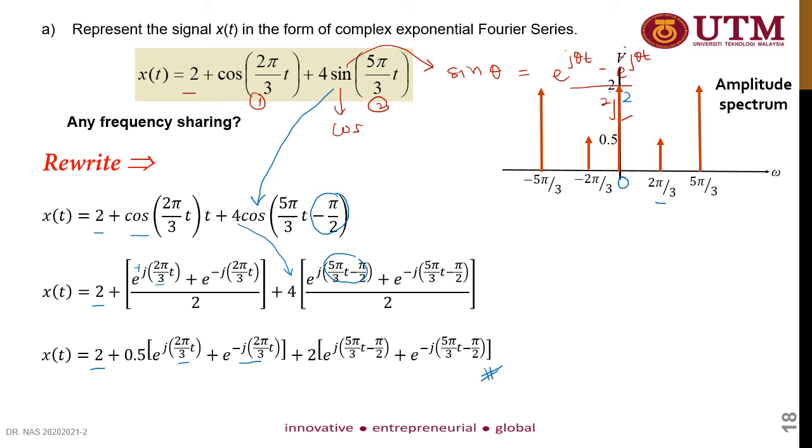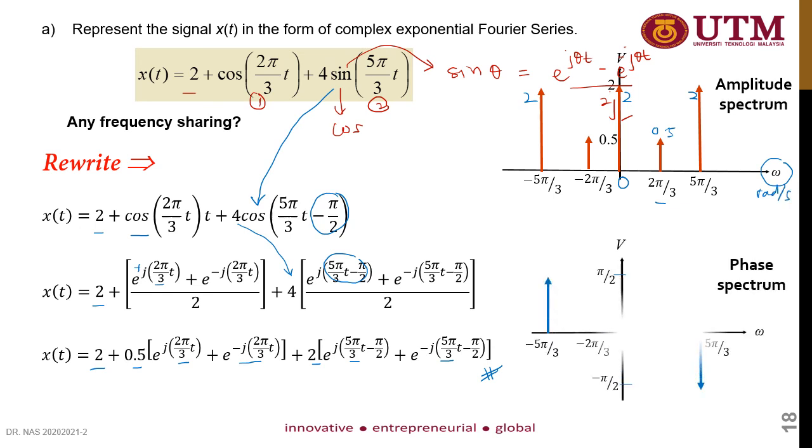The magnitude both is 0.5. And then at 5 pi over 3, the third frequency, and negative 5 pi over 3, the amplitude is 2. Okay, don't forget to put the axis, and the unit is radian per second.